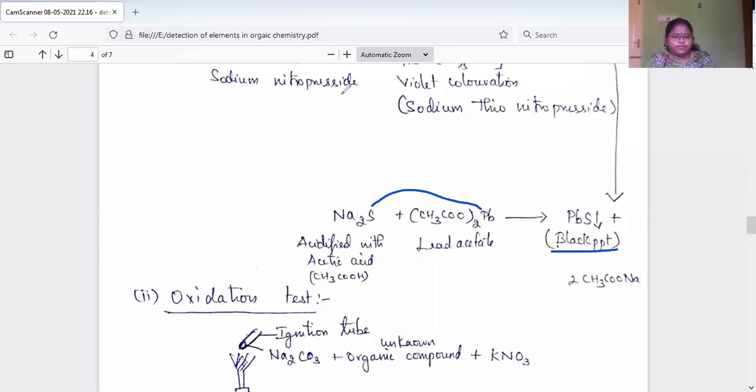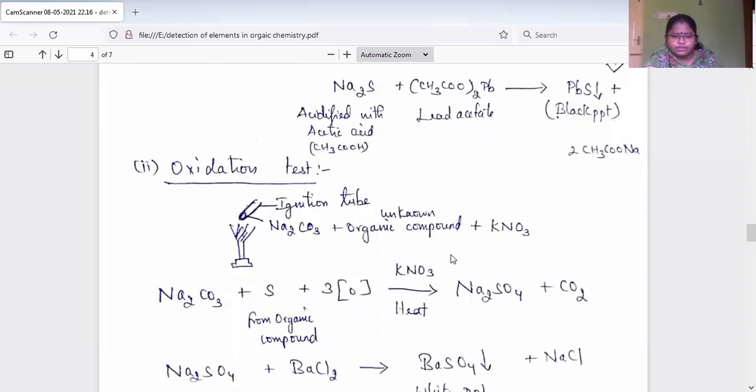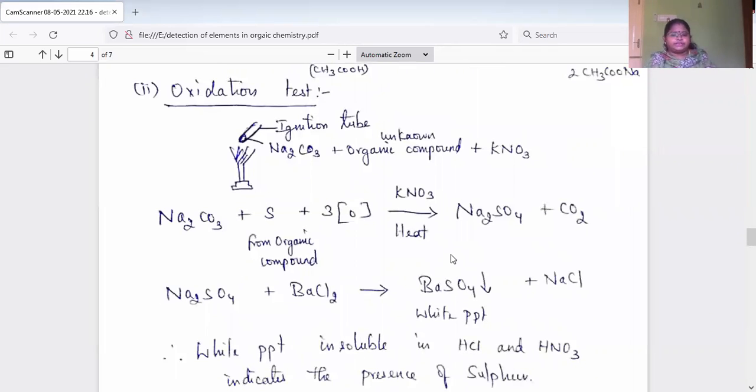Next, the oxidation test. Again, this is also for sulfur only. In this reaction, you have sodium carbonate plus sulfur from the organic compound, and we are adding potassium nitrate, which is an oxidizing agent that provides oxygen, so KNO3 gives 3 oxygen.